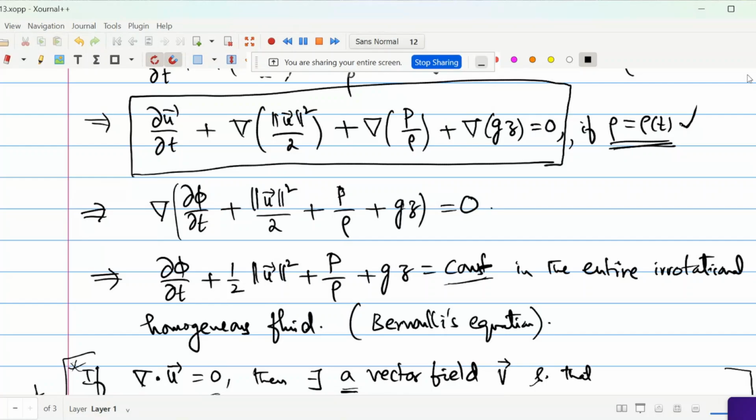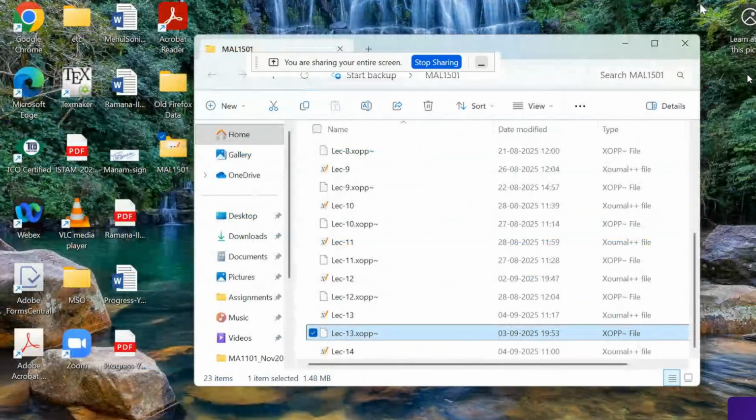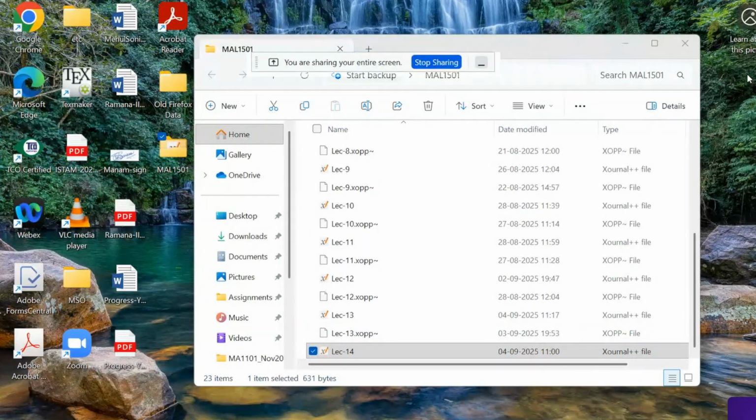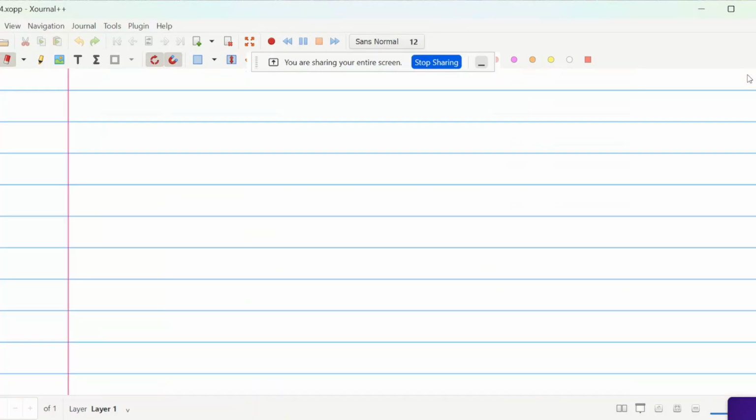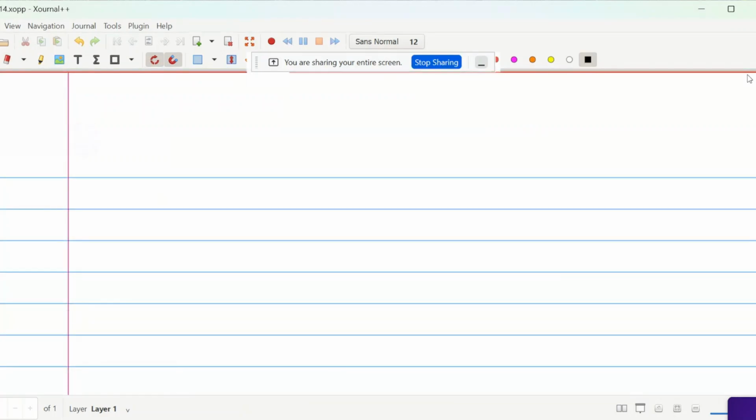Now I am saving this and opening a new file. Okay. So I'll try to write it. Looking at today's lecture, date is this. So you take this del u by del t.